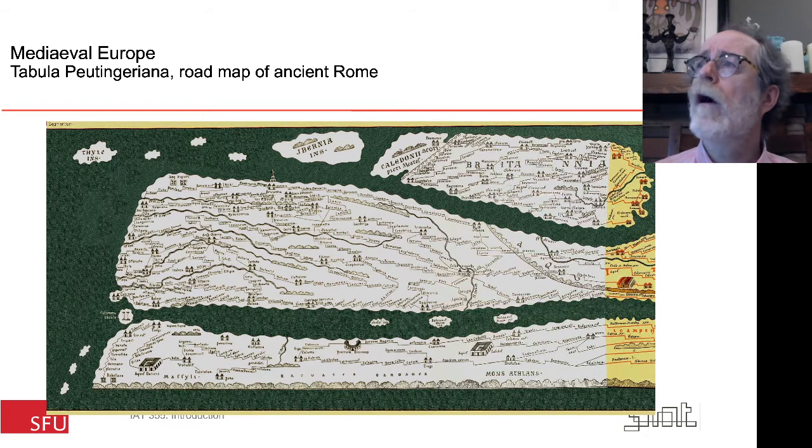And what you can see are rivers have been illustrated as well as roads, and the roads have this kind of sawtooth pattern, and the reason why they have that sawtooth pattern is those roughly are stops, inns along the road that are roughly a day's walk from one location to the next. So this thing is really constructed for the purposes of walking along Roman roads around the Roman Empire, Western Europe.